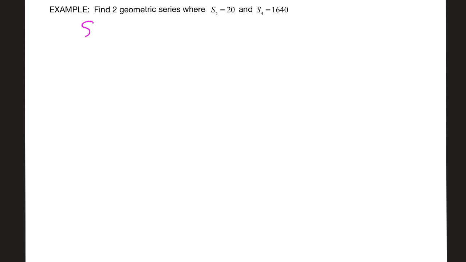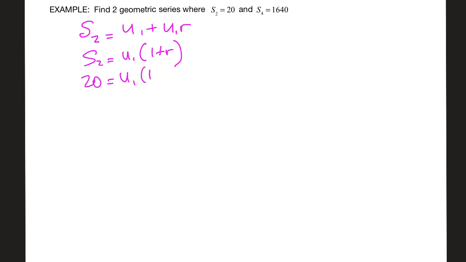The sum of the first 2 terms, I would have to add the first term to the first term times r. In other words, if I factor out a u sub 1, this would be 1 plus r. And I know the sum of the first 2, right? It's 20. So 20 is equal to u sub 1 times 1 plus r.